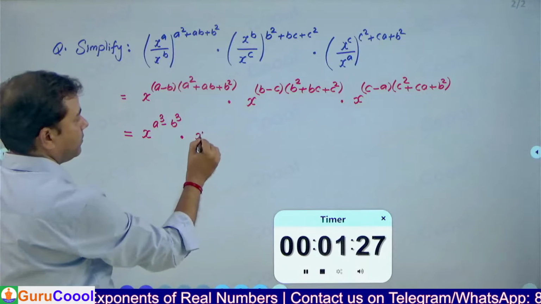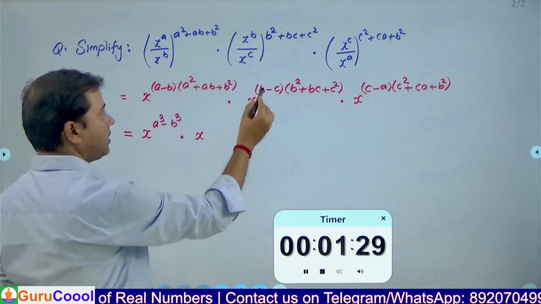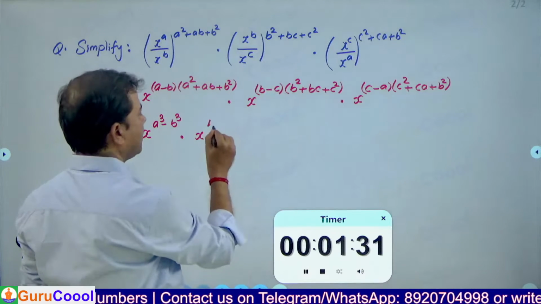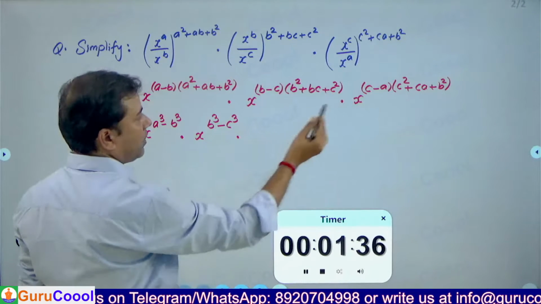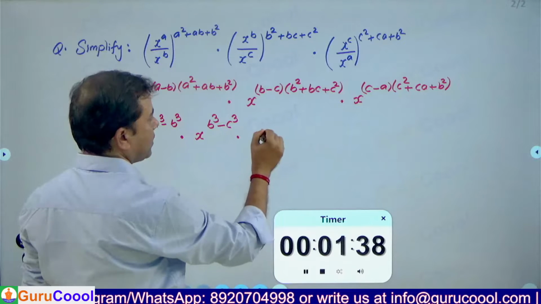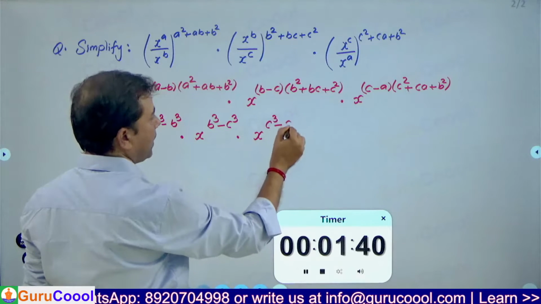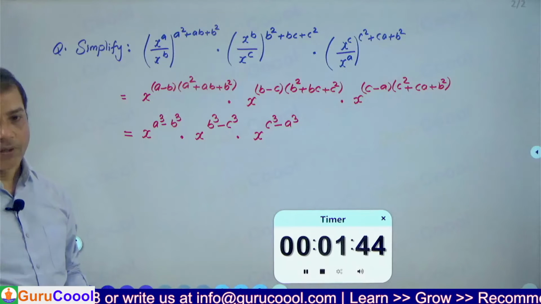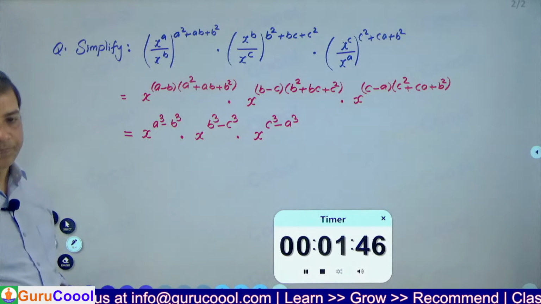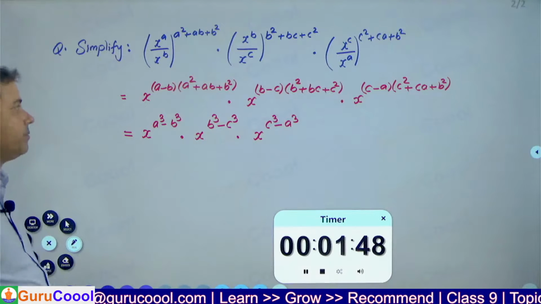The second one is the same as b minus c into this, b cube minus c cube, into the third one, x raised to the power c cube minus a cube. Now what we see, you don't know this identity? Oh, okay.